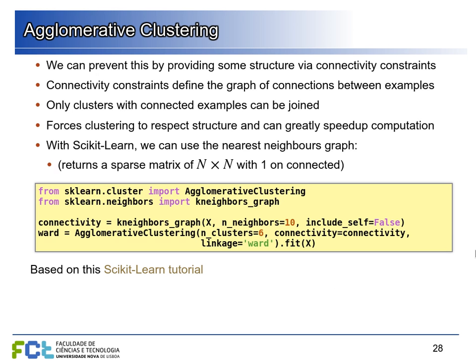So we can use scikit-learn to create this matrix. For instance, creating a matrix with the nearest k neighbors on our data. For example, we can use the k neighbors graph, to which we give our data set.